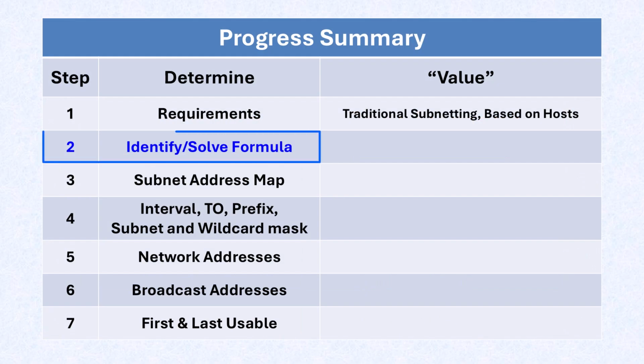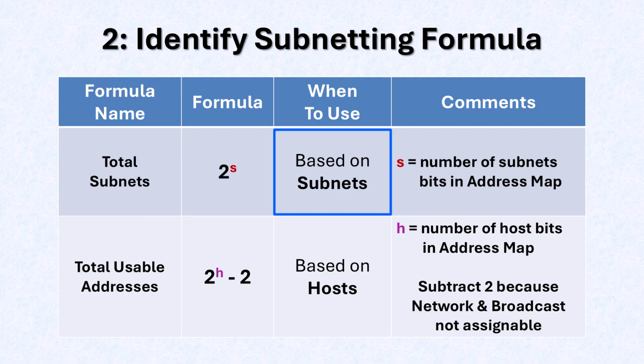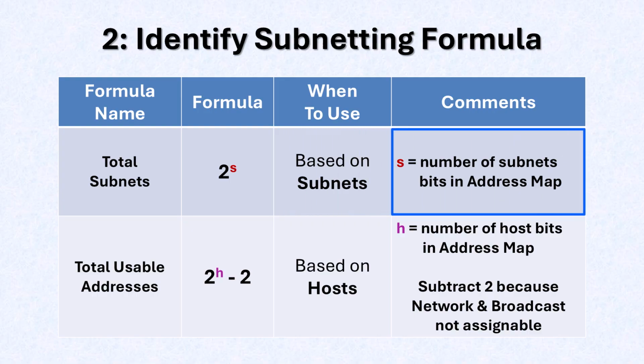Step 2 is to identify and solve the relevant subnetting formula. We use the total subnets formula, 2 to the s, when subnetting based on the number of subnets, and solve for s, where s is the number of subnet bits needed in the address map.